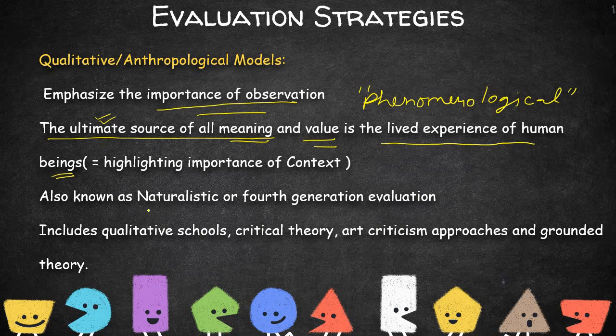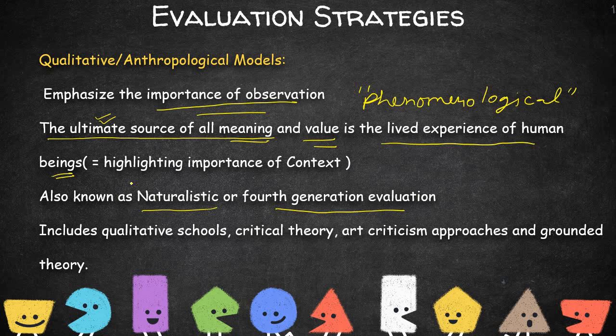It is also known as naturalistic or fourth generation evaluation. Naturalistic means we look at how a person is; we are not creating any kind of artificial environment or intervention, conducting some kind of experiment. We are simply observing something in its natural setting.